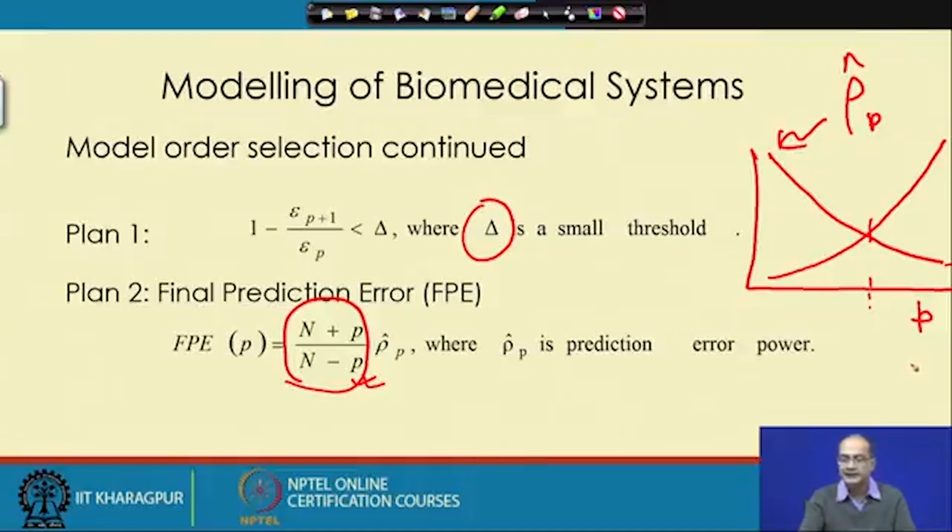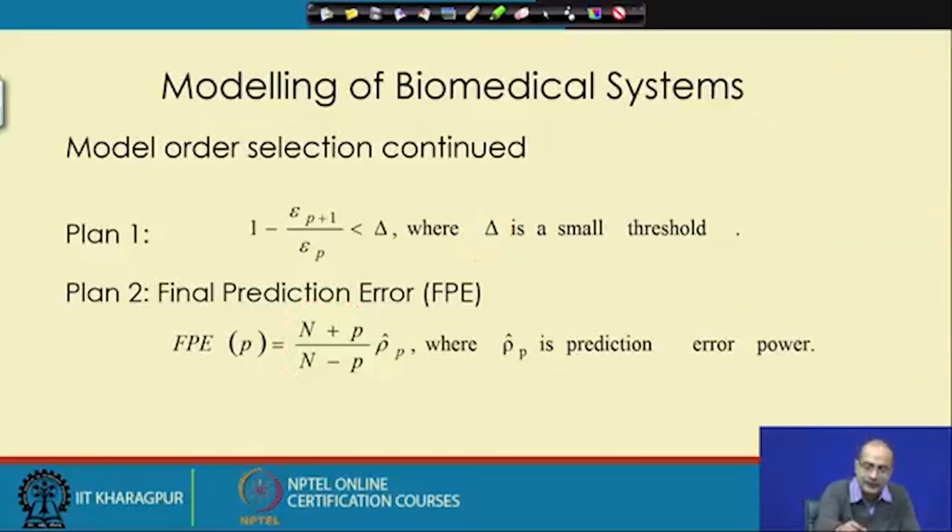Both these techniques are empirical, and they have less theoretical background.